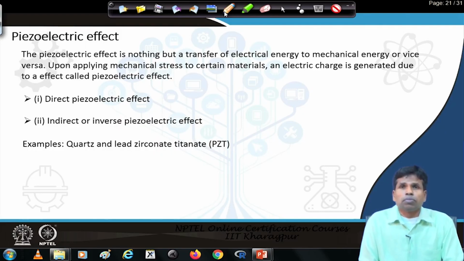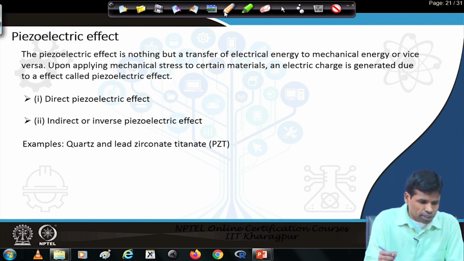Out of 32 crystal classes, 22 have materials showing the piezoelectric effect, and this is associated with non-centrosymmetric crystals, where there is no inversion center. Only those will show the piezoelectric effect.